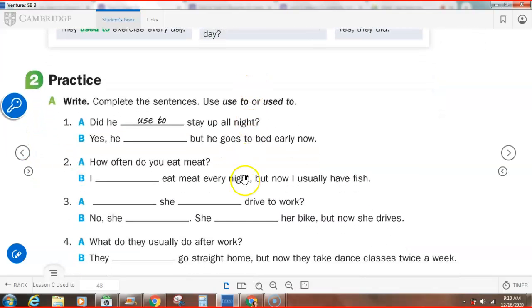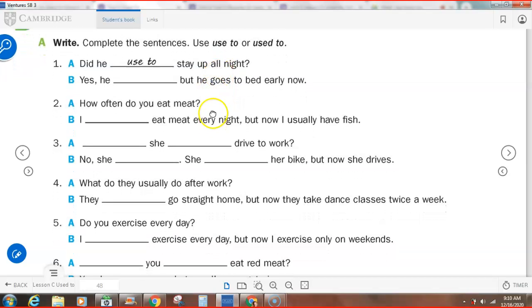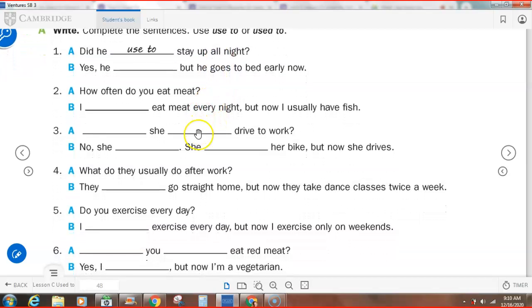Let's just read these together and see if we can put the correct form in these sentences. Read 1A. Did he used to stay up all night?